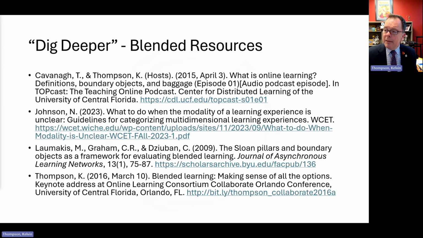There is a deep literature around blended learning developed over the past 25 years or so. And I want to list just a few resources that I think are connected, at least loosely, to today's segment.